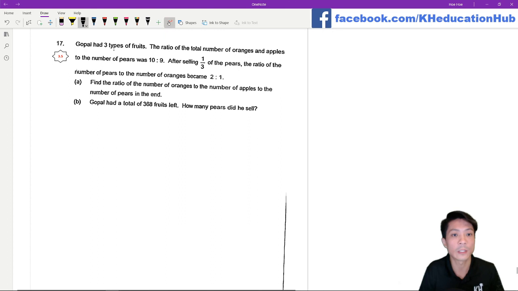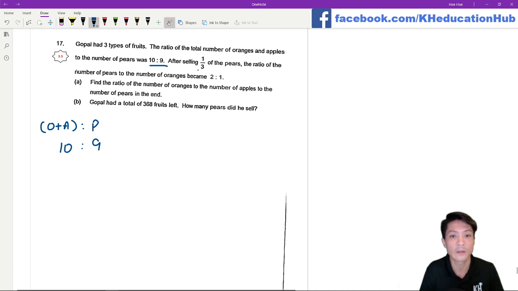Gopal had 3 types of fruits. The ratio of the total number of oranges and apples to the number of pears is 10:9. I'm going to write down the ratio first. So oranges plus apples to the number of pears is 10:9.